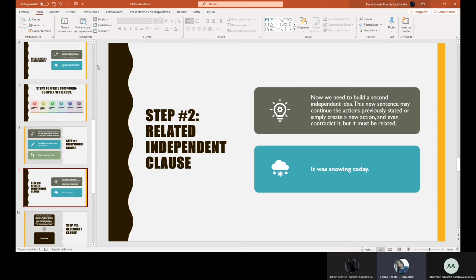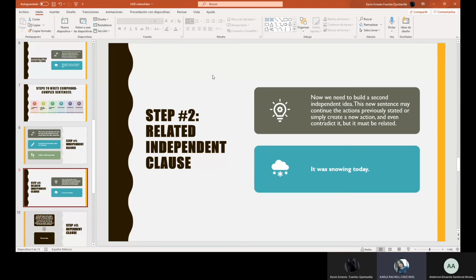Step number two, related independent clause. Now we need to build a second independent idea. This new sentence may continue the actions previously started or simply create a new action and even contradict, but it must be related. In a compound complex sentence we must include at least two independent clauses.